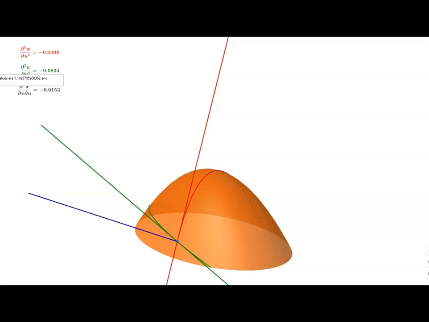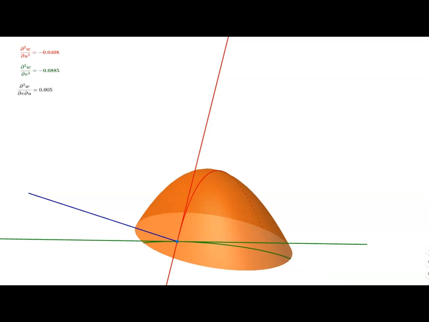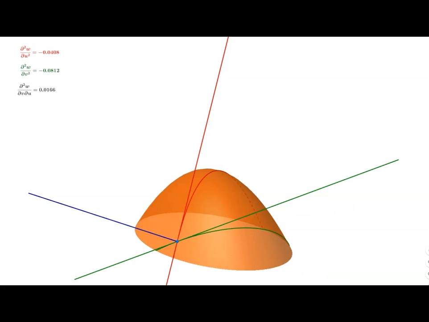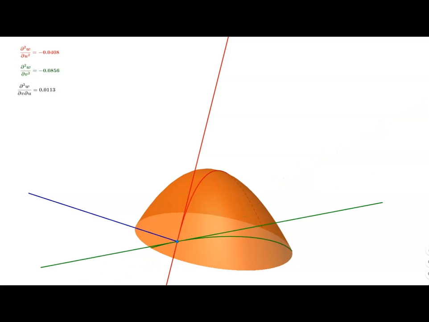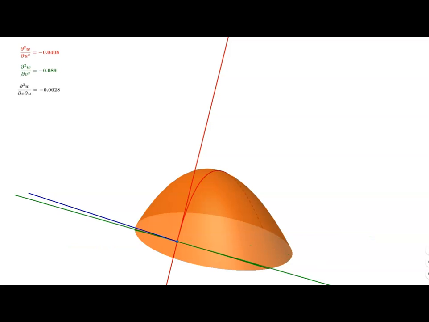As I begin to go in this direction, rotating to the left, notice that the value here gets more negative. It's going lower, and then it's getting less negative. I go back again over here, and it gets lower, and then it starts going less negative again.